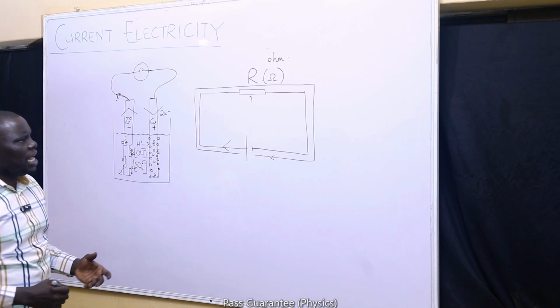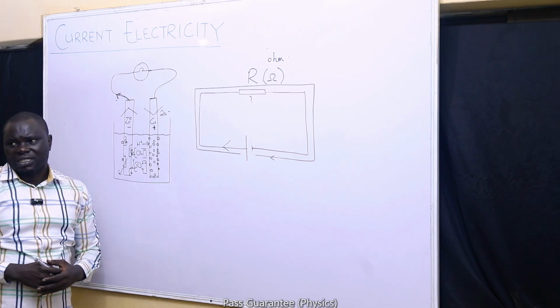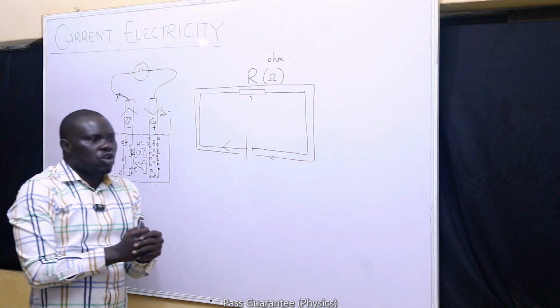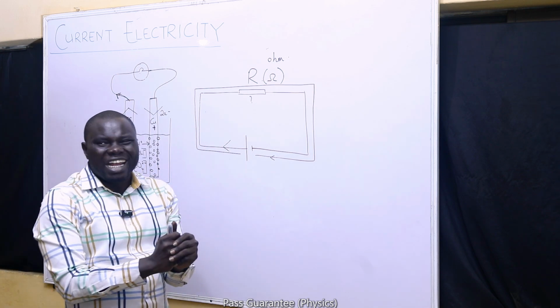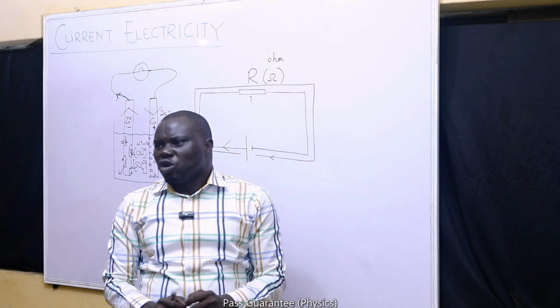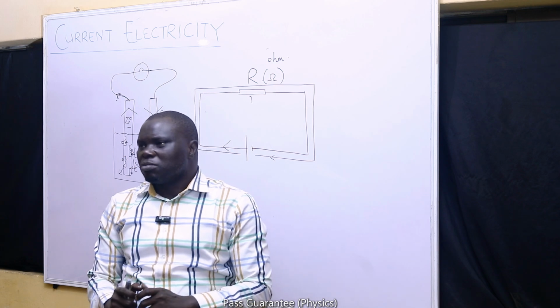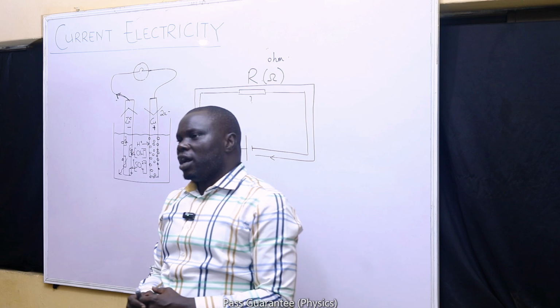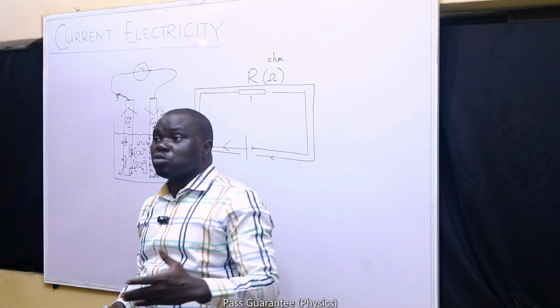Now, materials have different resistance. What we know is that very good conductors have very low resistance. So they do not offer much impedance, much disturbance to the flow of electric current. So current can easily just move through them.